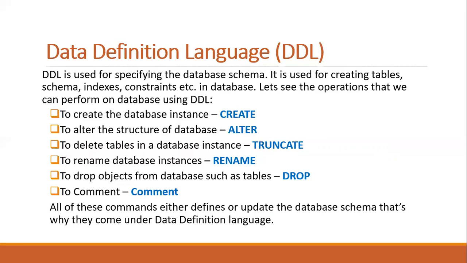If we want to delete the entire schema of a table, we can use the truncate command. The next is the rename command. With the help of the rename command, we can rename a table, or we can modify the name of an attribute.